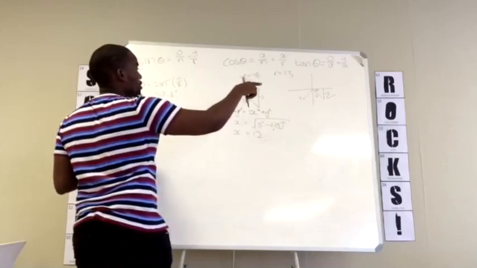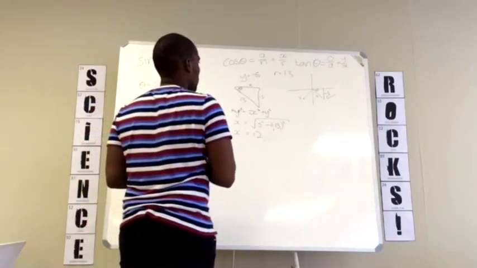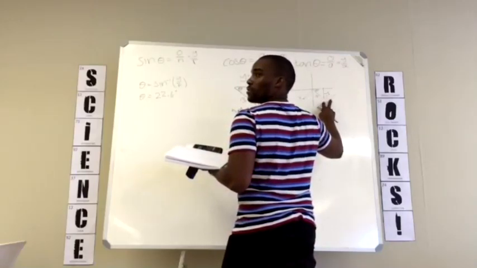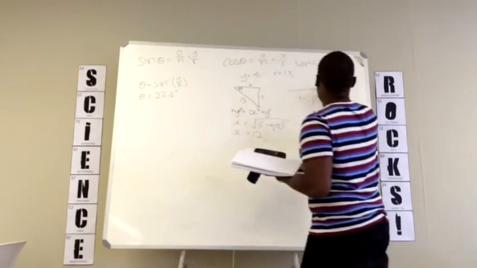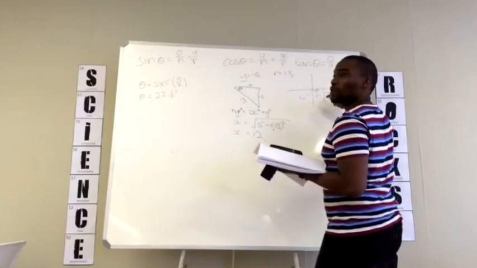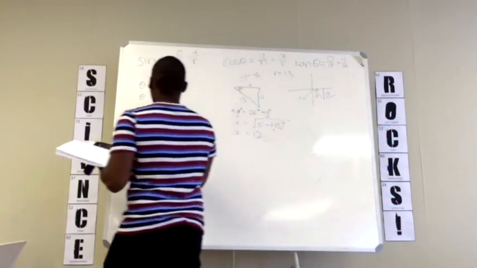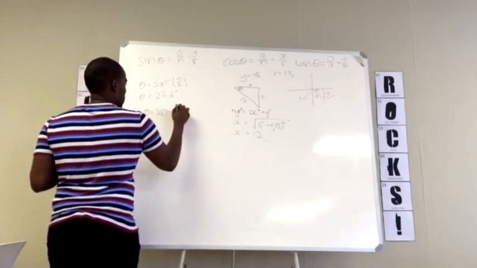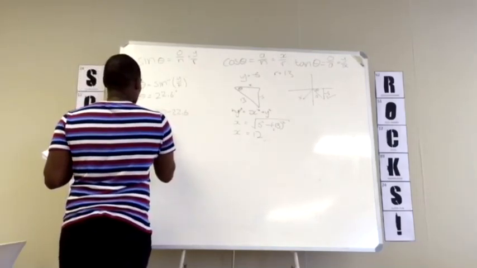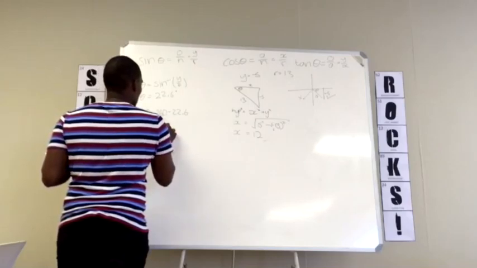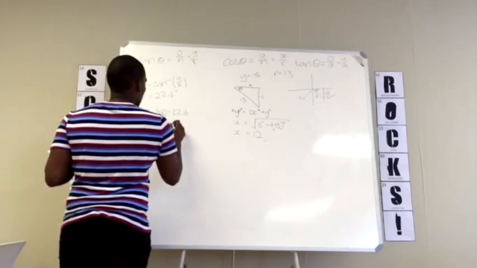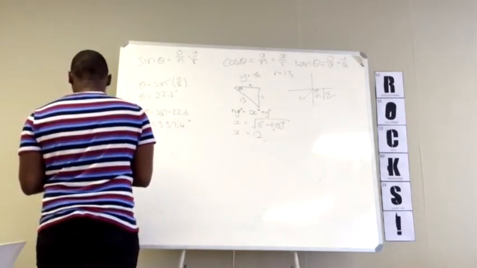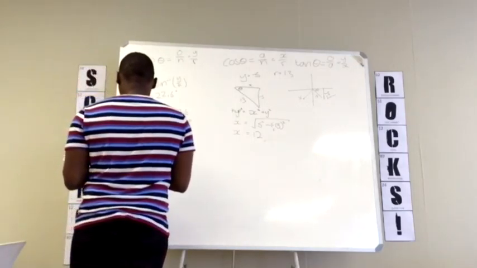Which quadrants is sine negative? 3 and 4, right? And we're working in this quadrant here. So basically, our angle will be 360 minus 22.6, and that'll give us 337.4 degrees. You guys with me? Okay. Sweet.